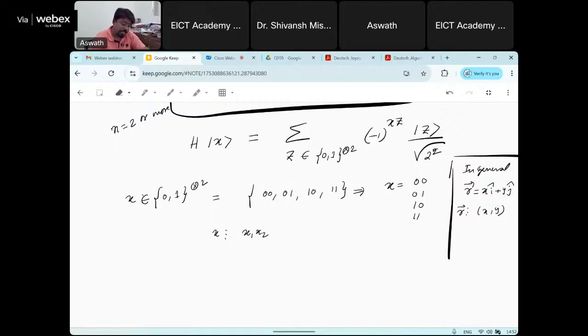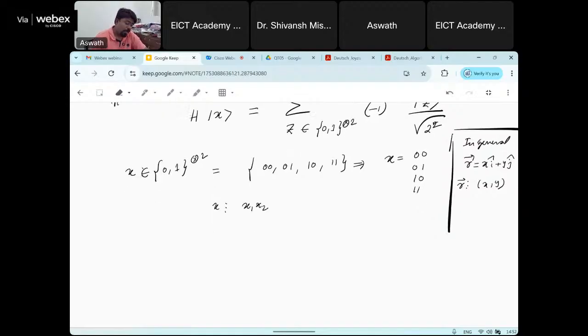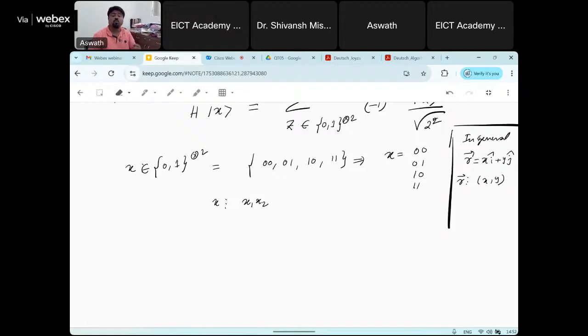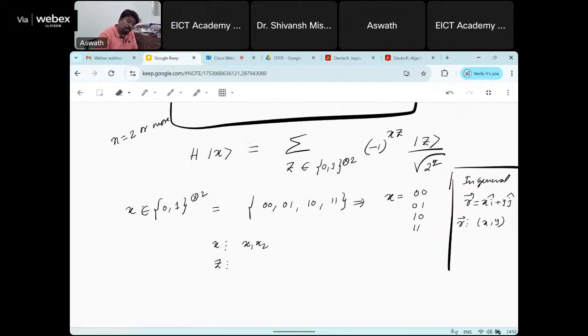So for this case, let's say something analogous to that, but not exactly that. So x is x1 and x2, where x1 and x2 are like two coins tossed. Both the coins can be head, both the coins can be tail, or one coin head, another coin tail. Similarly, I have to do for z also, because z also belongs to {0,1} tensor square.